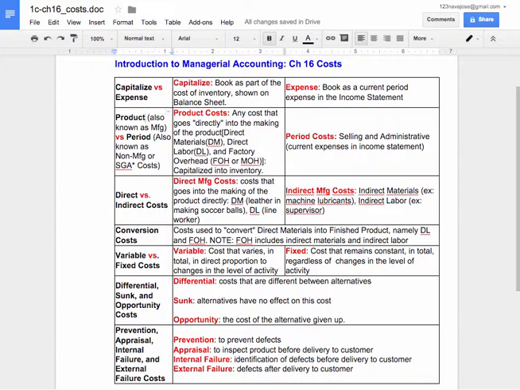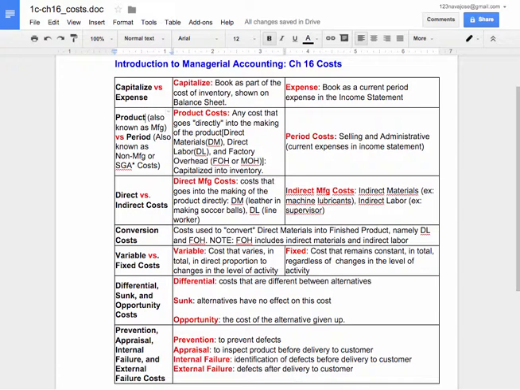And then the second one will be about cost flows, including the T accounts and the journal entries that apply in each part of the process. So I'm going to be using two or three screens here with that info on them. So let's start with this one here.